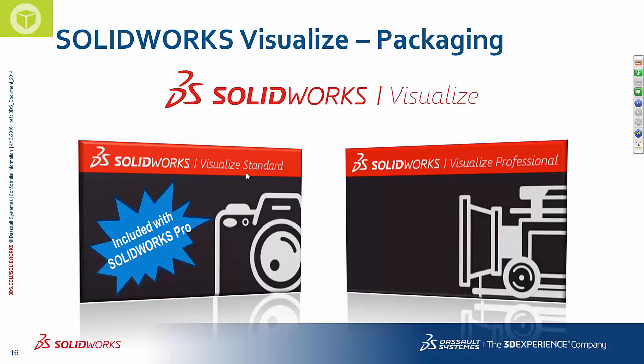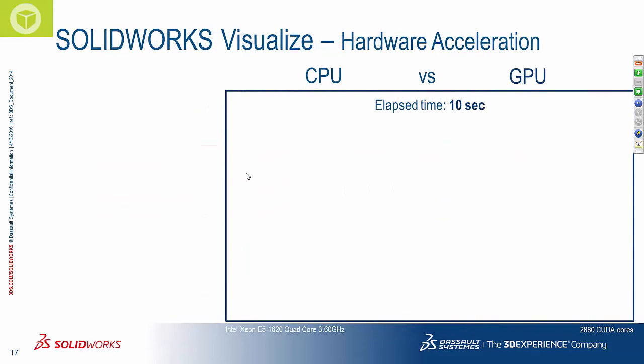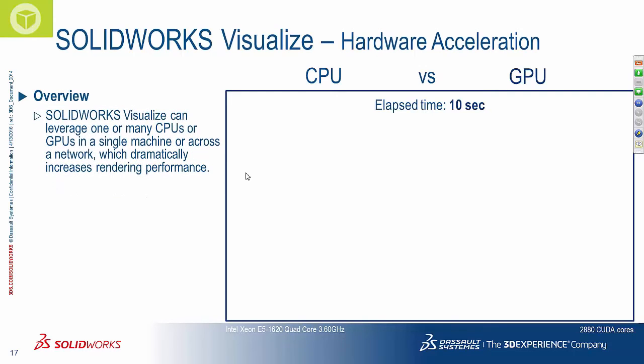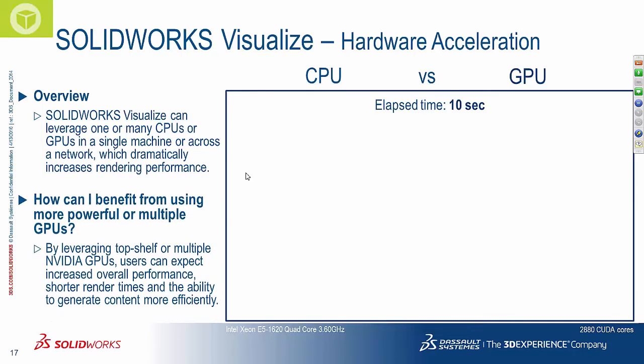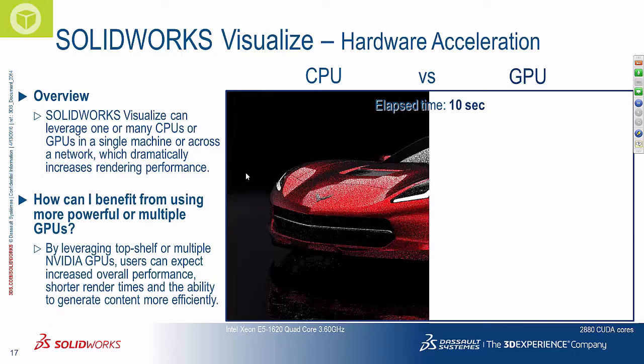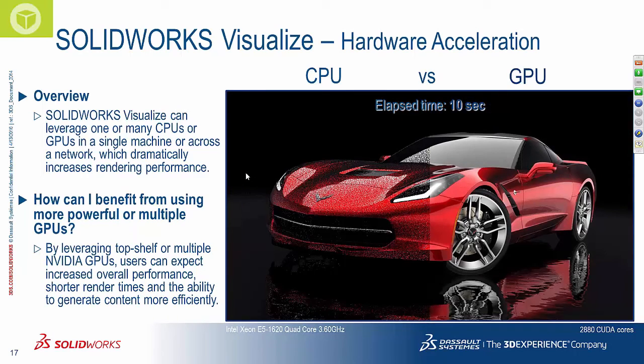Same as Visualize Professional. Real quick, a hot topic, it seems, of recent since Visualize has hit the market, is talk about GPU and CPU. I was running in hybrid mode, which utilizes both my CPU and GPU, but we'll just talk about this for a quick second. So here's a time lapse of a CPU render for 10 seconds versus a GPU render for 10 seconds. So it is pretty critical that you are running a decent graphics card.